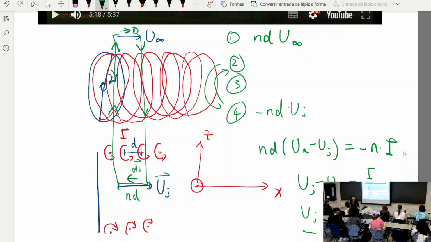So for example, if you know how much thrust the propeller has to create, you can use conservation of momentum to figure out how big uj has to be, right? There are two things.